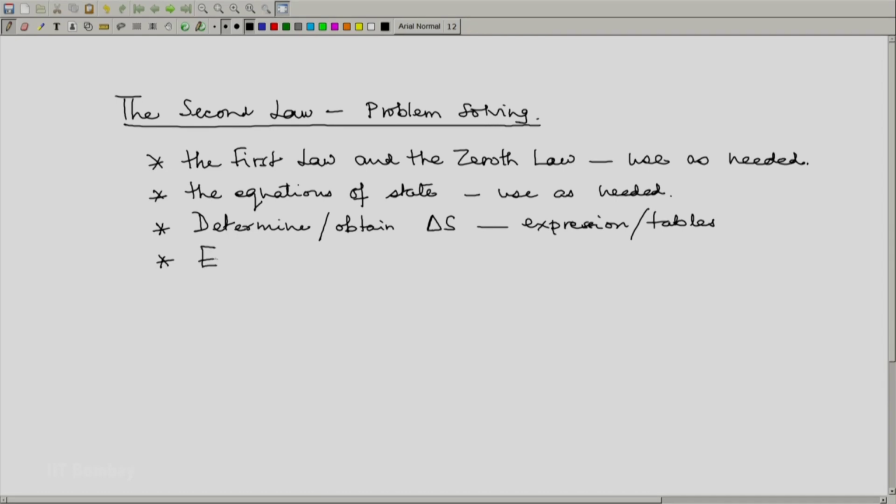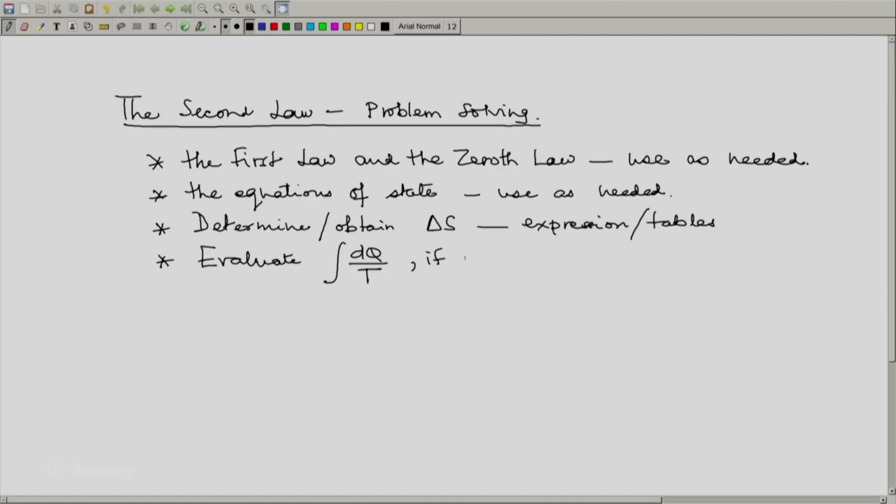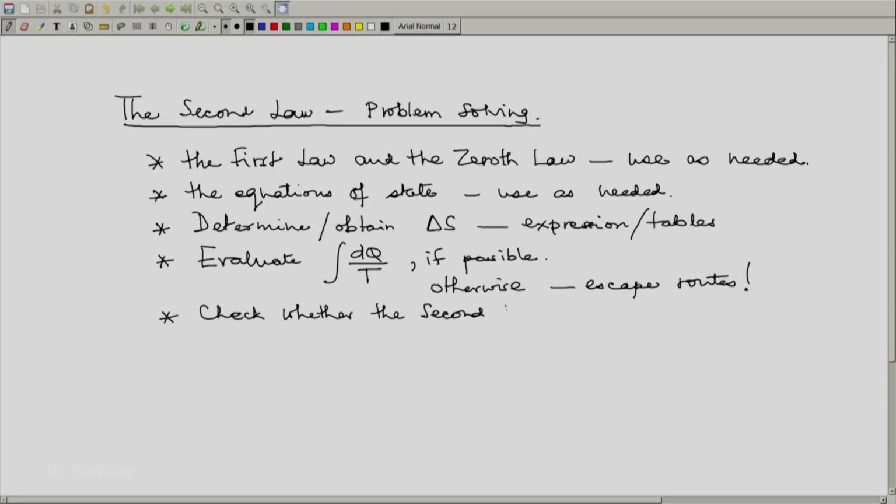Then we will have to evaluate the integral of dq by T for the systems and processes involved, if possible. If not possible, we will see there are some escape routes. Then after that, we should always check whether the second law is satisfied.